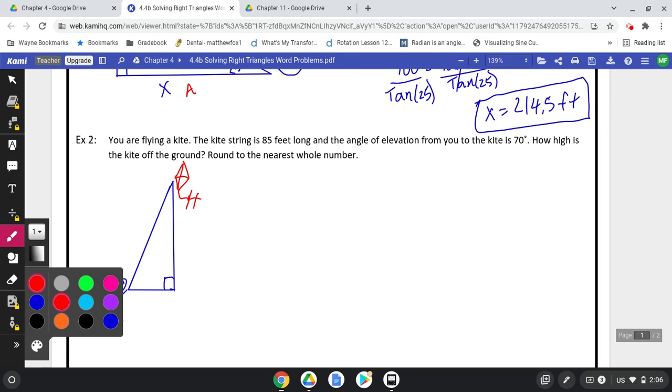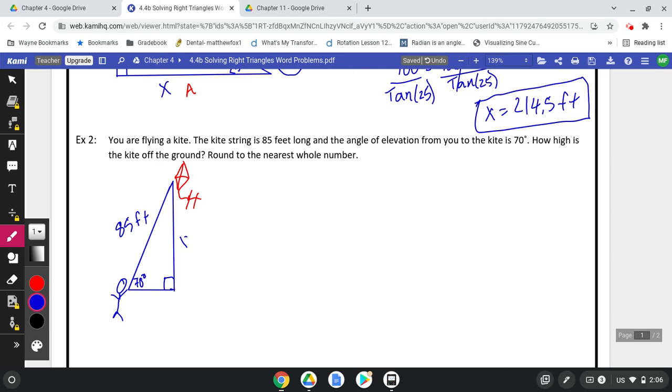My great artistic skills. And let's see, what else do we know? It says the string is 85 feet long, so right here, 85 feet. The angle of elevation is 70 degrees. Our question is how tall or how high is the kite off the ground? So that goes right here.